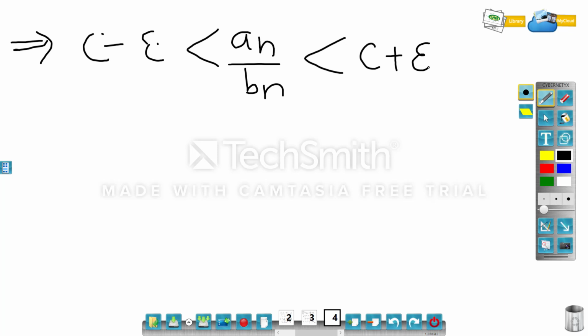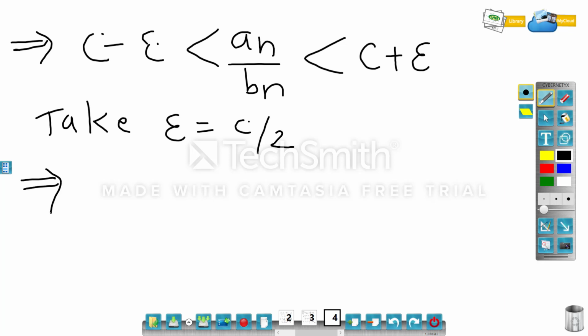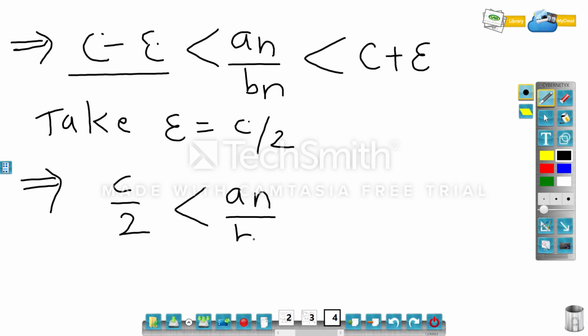Now epsilon is any positive number and it is given that c is also positive. So we will take epsilon as c by 2. Then c minus c by 2 is c by 2, which is less than an upon bn, which is less than c plus c by 2, that is 3c by 2.